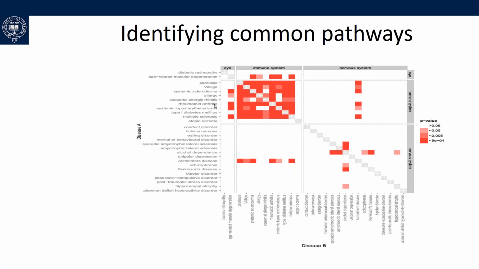Rheumatoid arthritis is there again. Systemic lupus erythematosus. These are inflammatory disorders, maybe not that surprising that they go together, but in the cluster or associated with the cluster, we also see Alzheimer's disease, age-related macular degeneration, and type 1 diabetes.